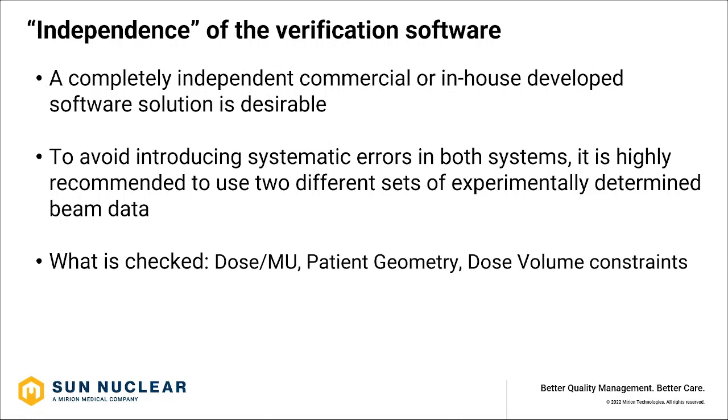So either it should be able to calculate MU from the dose prescribed, or the other way around, that is, if you give a certain MU value, it should be able to calculate the dose to the patient based on the MU applied. Other things that have to be taken into consideration are things like the patient geometry, for example, the entry point of the beam, the SSD, the depth, as well as the heterogeneity, because all these will have a large effect on the dose per MU.